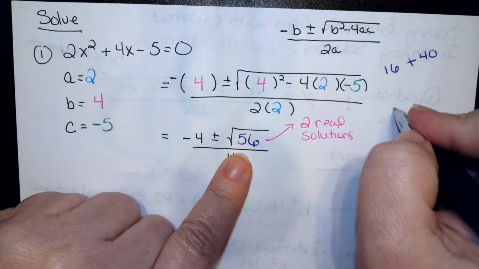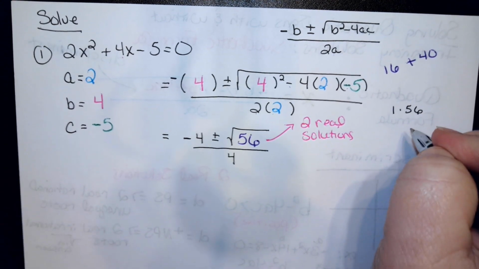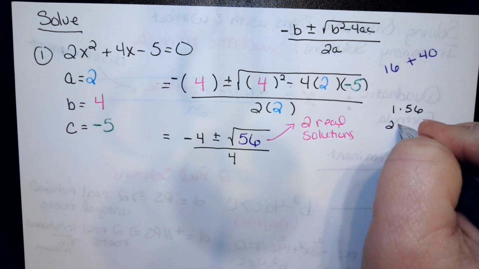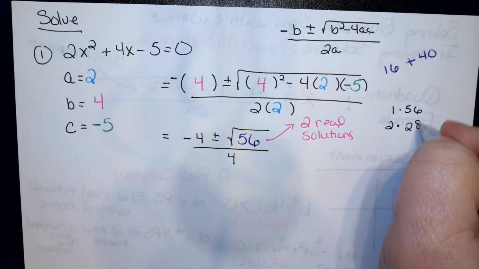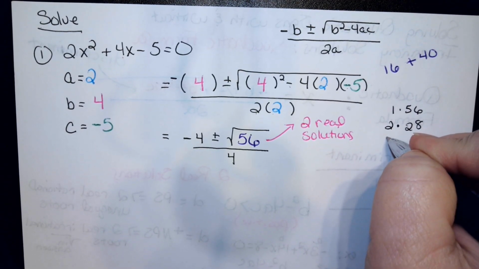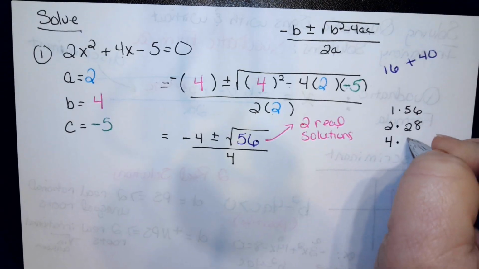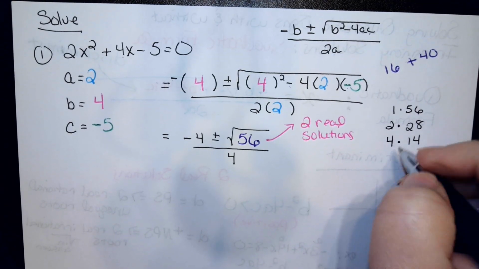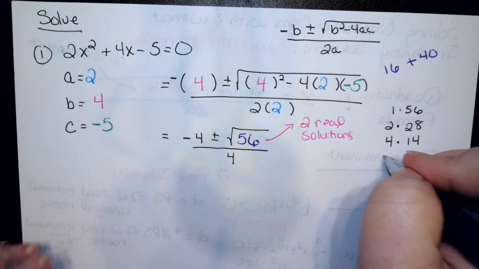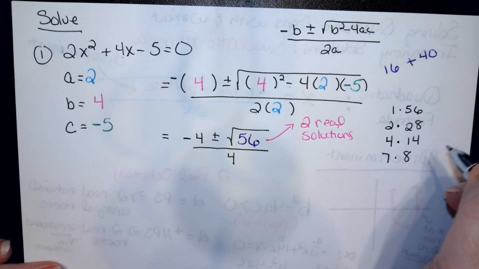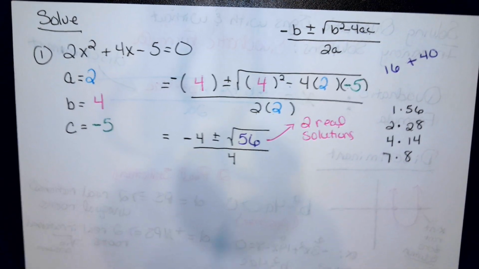We've got 1 times 56, 2 times 28, 3 can't go into it, but 4 can go into it, 4 and 14, 5 can't, 6 can't, 7 can, 7 and 8, and then we start repeating.